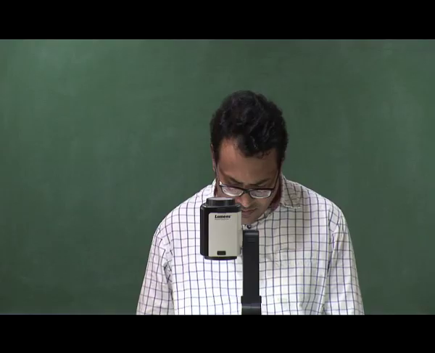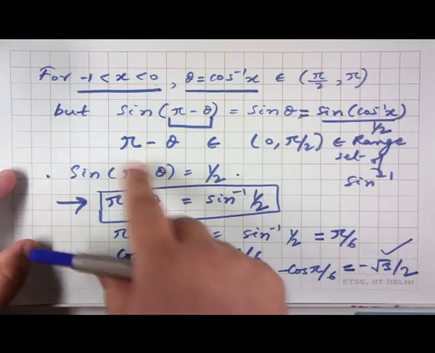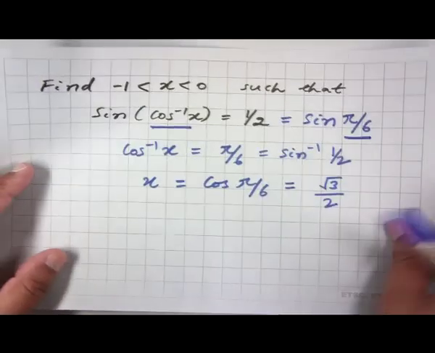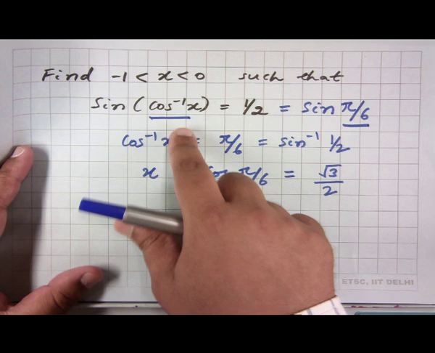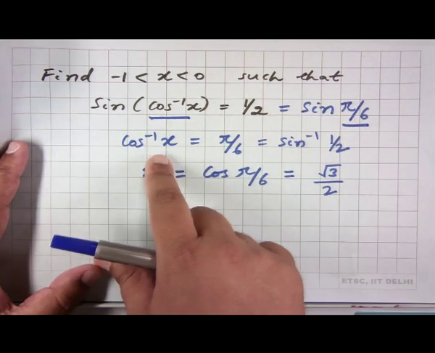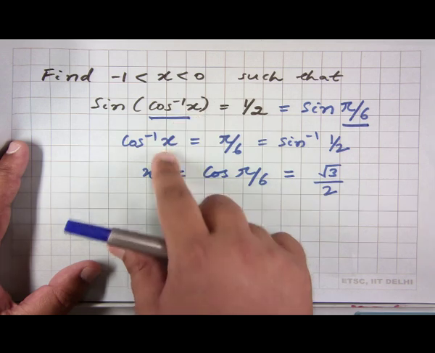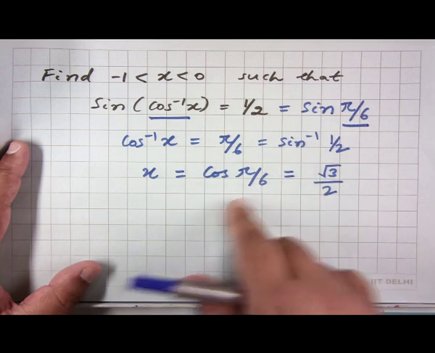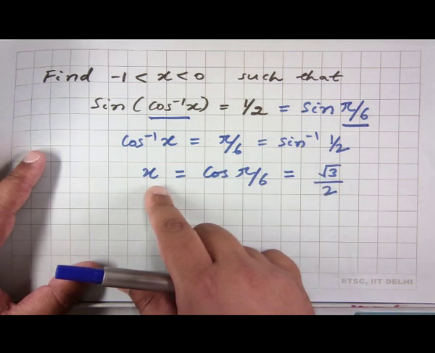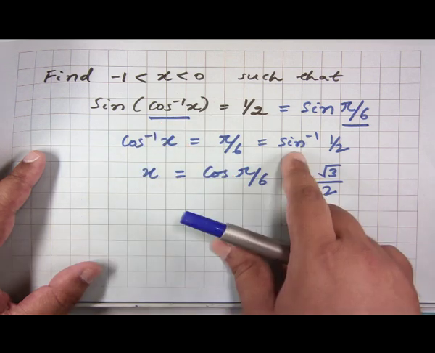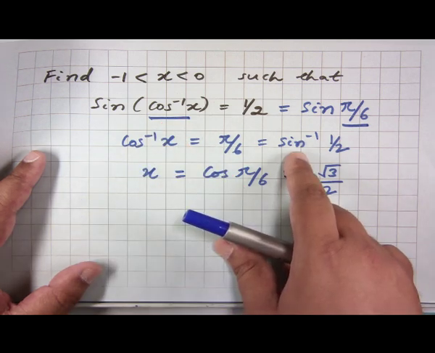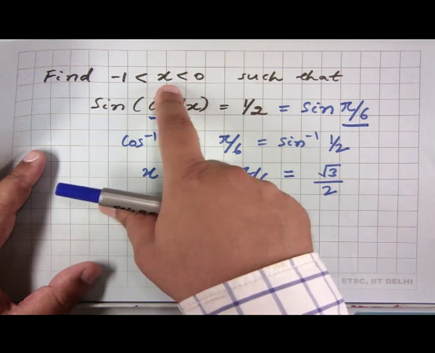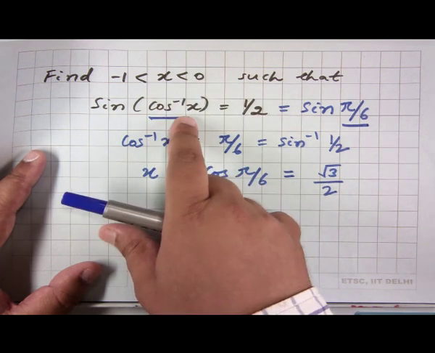So, the main point here was that if we directly try to substitute cos inverse x as equal to sine inverse of half, then we get into a problem, because the sine inverse of half belongs to the range of sine inverse, which is minus pi by 2 to plus pi by 2, whereas for x negative, cos inverse of x does not belong to the range.